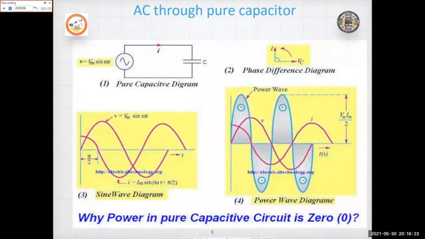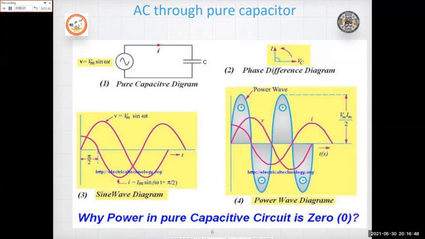See here, when the power curve is positive, in practice, electrostatic energy gets stored in the capacitor during its charging, while the negative power curve represents the energy stored being returned back to the supply during its discharging. The areas of the positive and negative loops are exactly the same and hence the average power consumption is 0. That is, pure capacitance never consumes power.